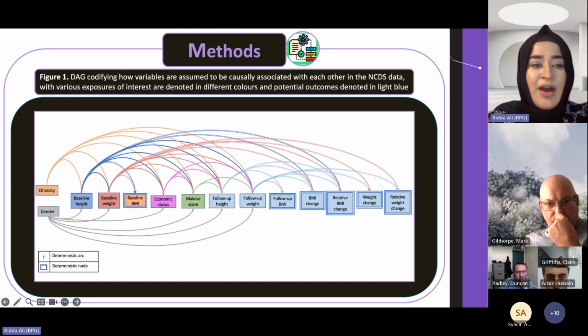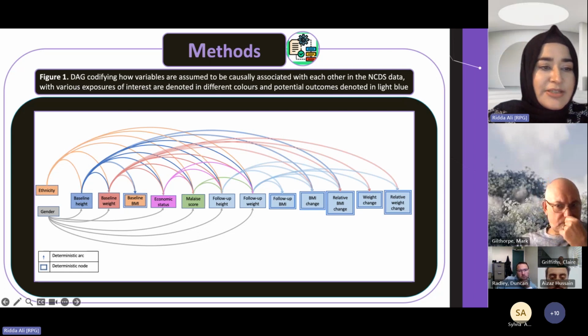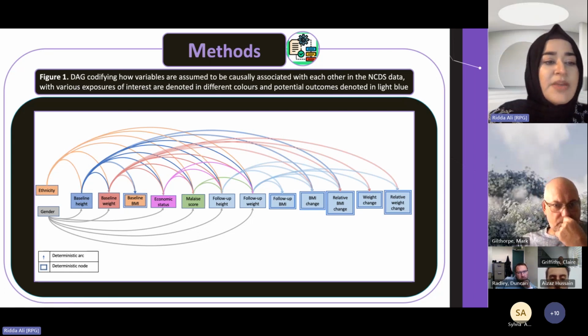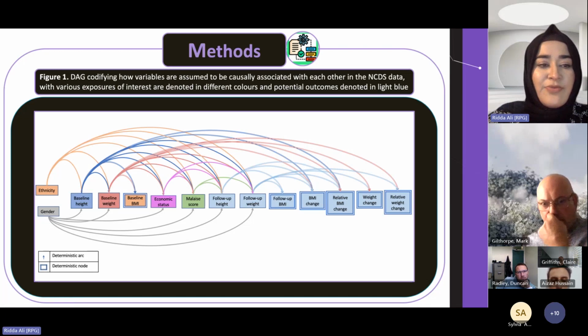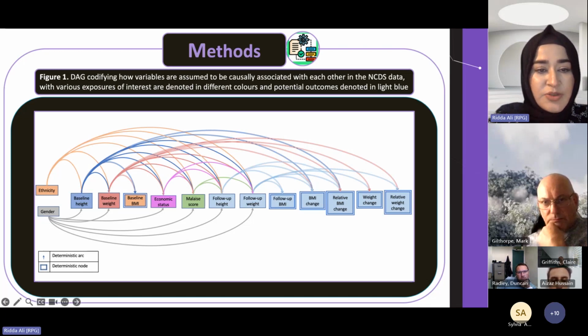And there are no forward arcs from any fully determined variables. As you can see, there are no arrows coming off the variables in double boxes, because their causal contribution is fully captured by the variables that helped to generate them.